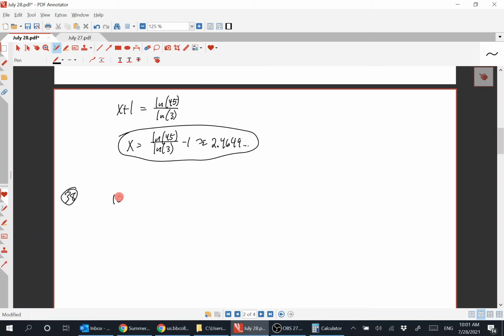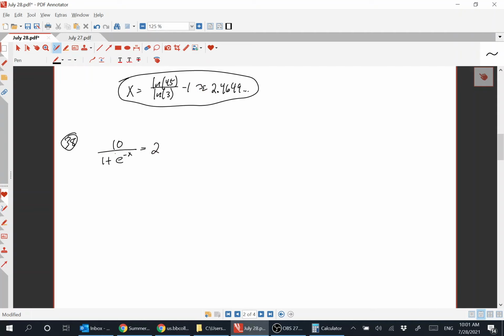So 10 over 1 plus e to the minus x equals 2. This is one of those logistic type expressions. So again, first solve for the exponential expression. Whenever you have two fractions equal like this, you can always do AD is equal to BC. All right, do this cross multiplication thing.